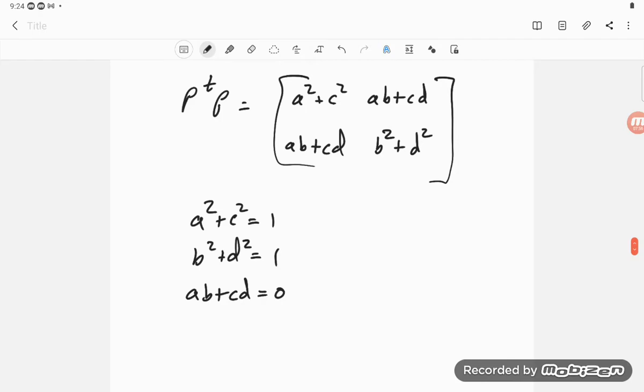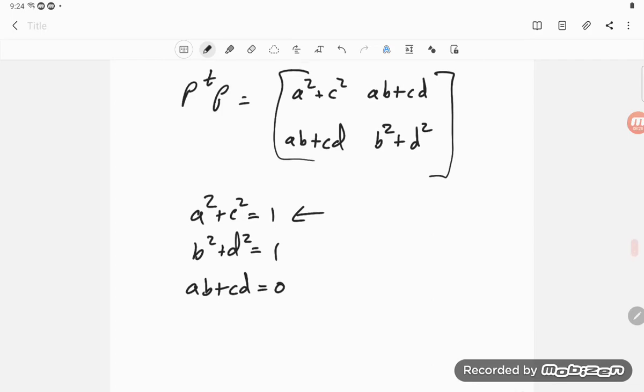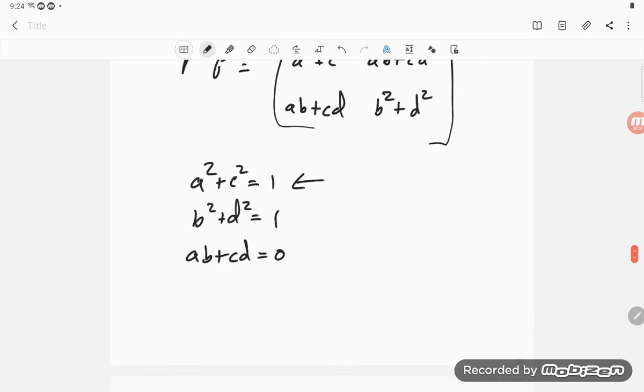As I look at this, it definitely looks like I would need something like a sine squared and a cosine squared. It seems like we just want to look at the algebra now. I'm just trying to think as I look at it.